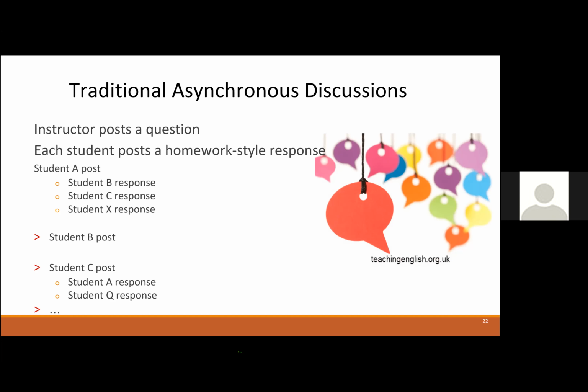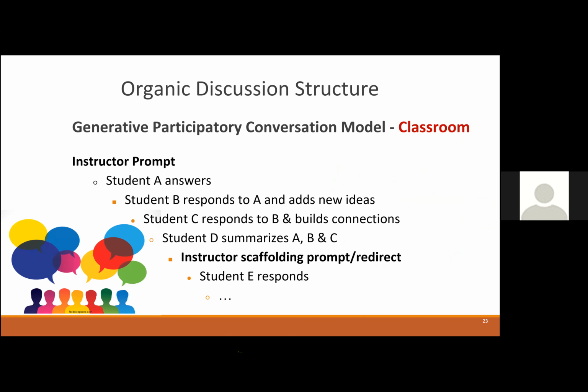Think about the classroom. Our classroom discussions are great. There's an instructor prompt, student A answers, but when student B responds, they're not answering the question as if A said nothing. They're answering the question in light of what A said. Same with student C, they're not just answering the question, they're thinking about and adding to what A and B said.